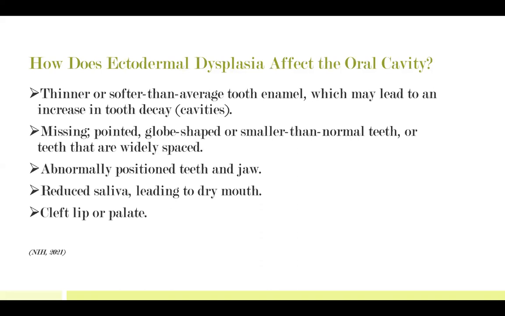It just depends. You could have all of those symptoms or just one or two. They can have abnormally positioned teeth and jaw. They can have reduced saliva, leading to dry mouth, which also can cause cavities. And they could have cleft lip and/or palate. That affects the oral cavity if they have ectodermal dysplasia.